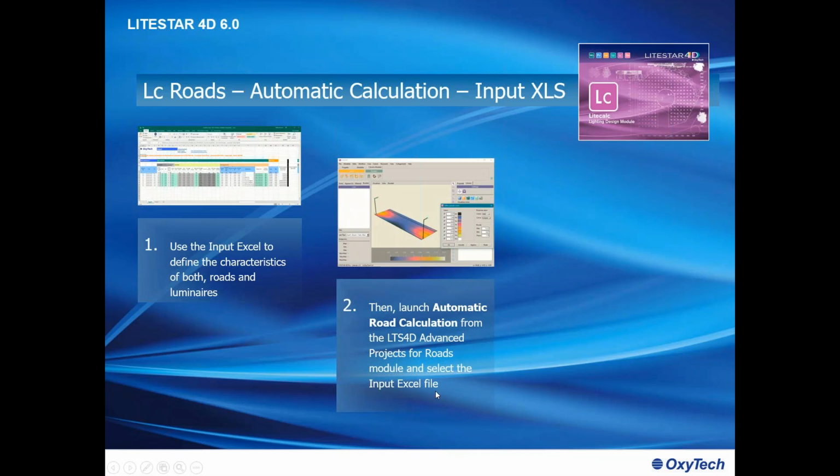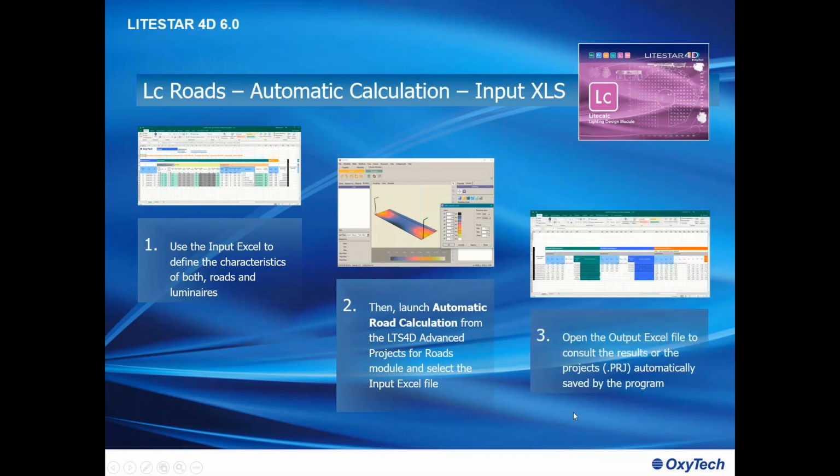You select the Excel file, you press Start, and the program will automatically calculate one by one the different roads and the different layouts, adding the information to this output file and creating and saving automatically the project files.